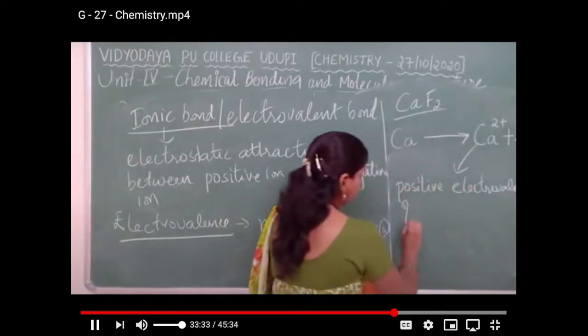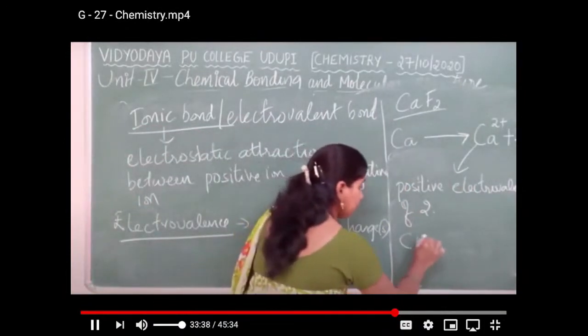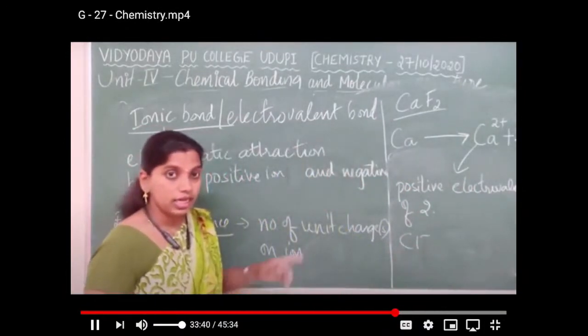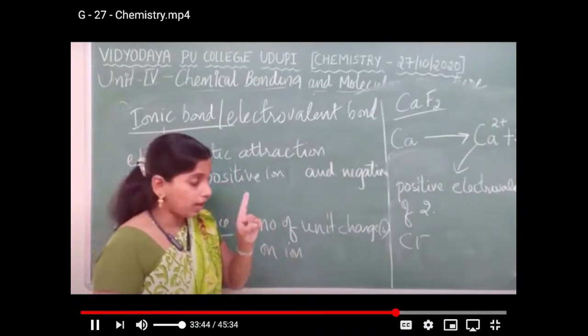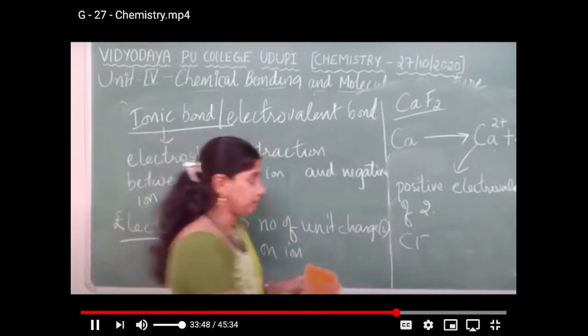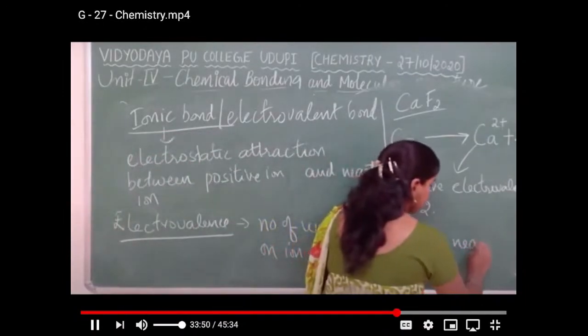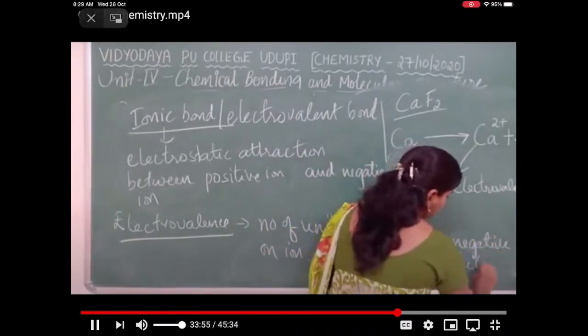Chloride ion, if you take Cl-, it is the negative charge and only one is there, charge is only 1. So it is negative electrovalence of 1.